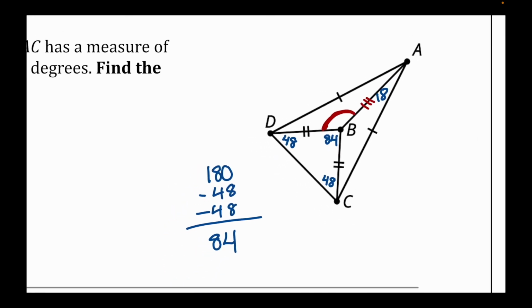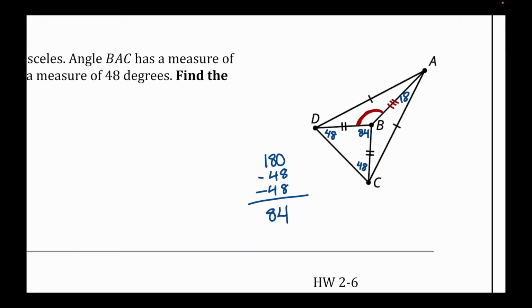We're going to do one more piece of arithmetic, which is to take 360. We're going to subtract 84. And then that whole thing we are going to divide by 2. So if we take 360 and subtract 84, we get 276. And 276 divided by 2 gives us 138.